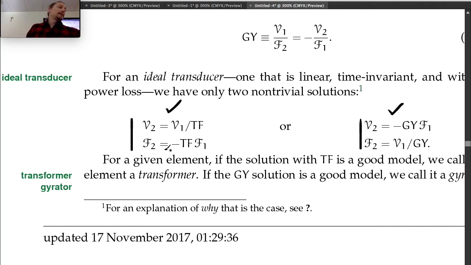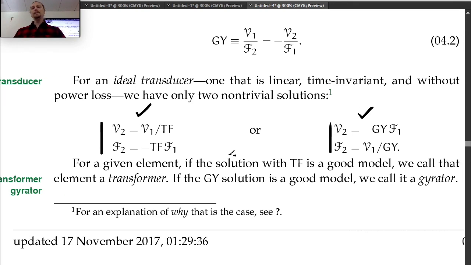Thank God. Otherwise, that would be confusing, right? And the gyrator is actually, it's too bad, because for electromechanical systems, I couldn't think of a single element that behaves as a gyrator.